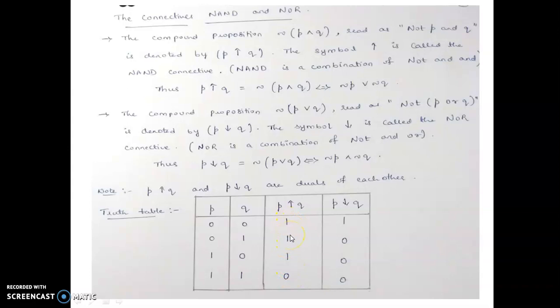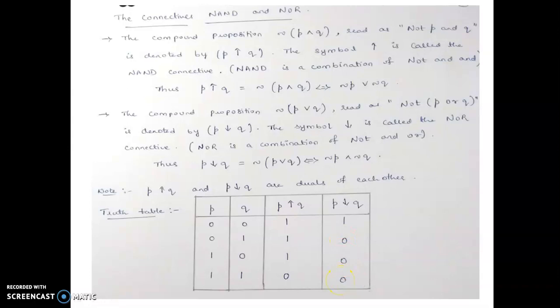And the opposite of OR is NOR. So 0, 0 used to get 0 in OR, but now you are getting 1. For 0, 1, 1, 0 and 1, 1 you used to get 1 in OR, and here all three are 0.